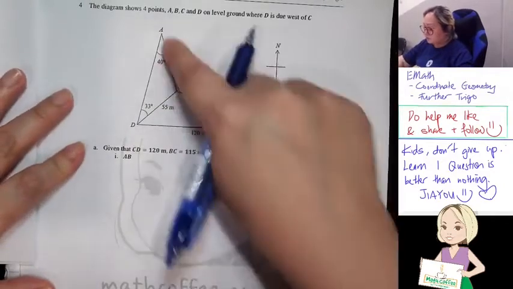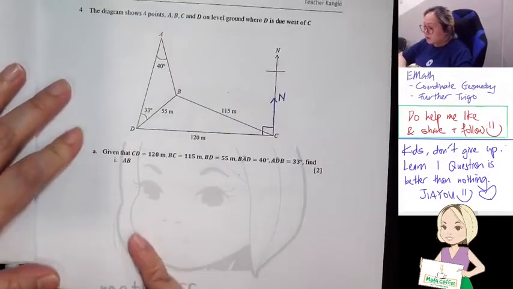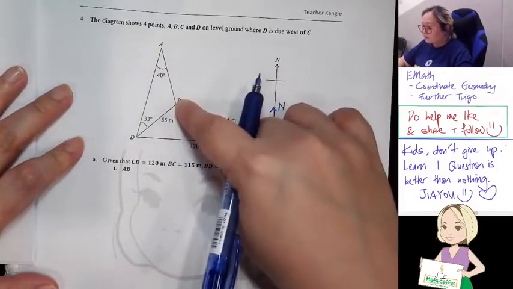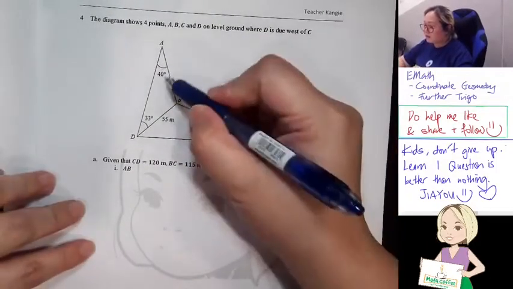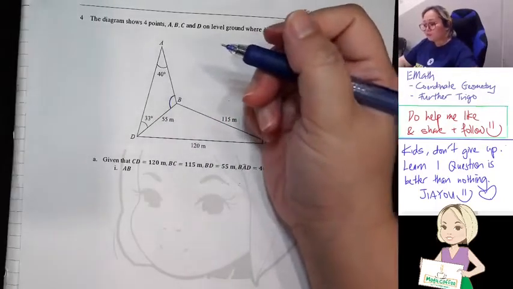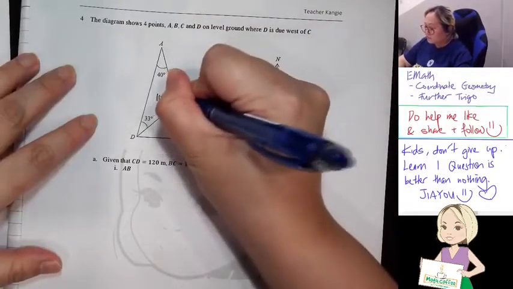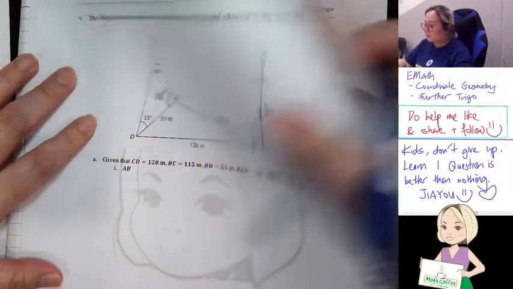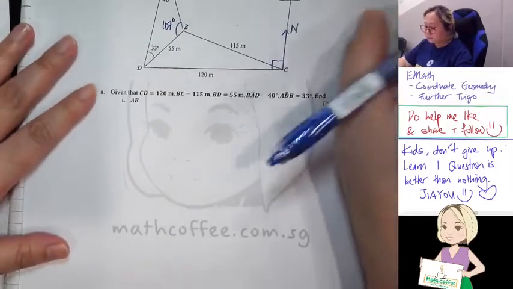Where's my AB here? Okay, so how am I going to find AB? Again, easy. I already have 40 and 33. So we're going to find this angle here, which is 107. I go very fast because I already went through quite a few just now.